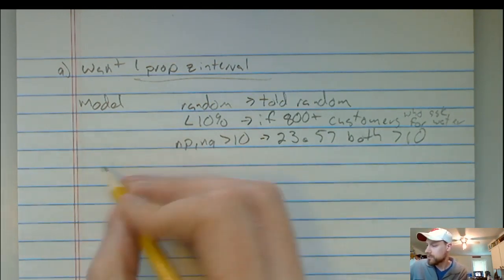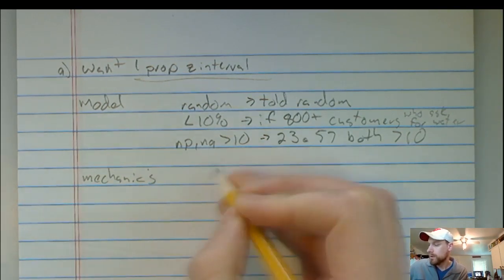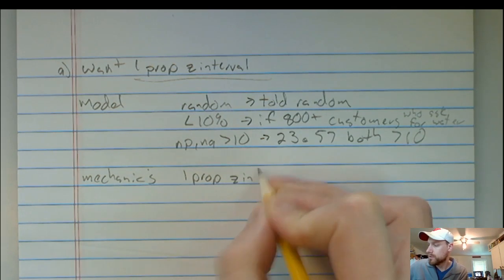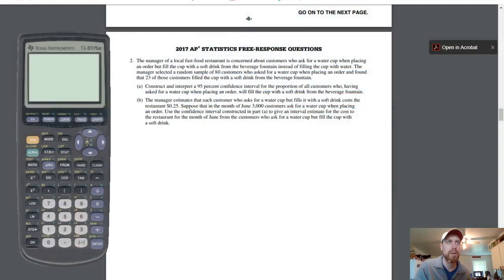Our mechanics, we'll write 1 pop z interval. We're just going to do this on the calculator. So, let's go and do a test.